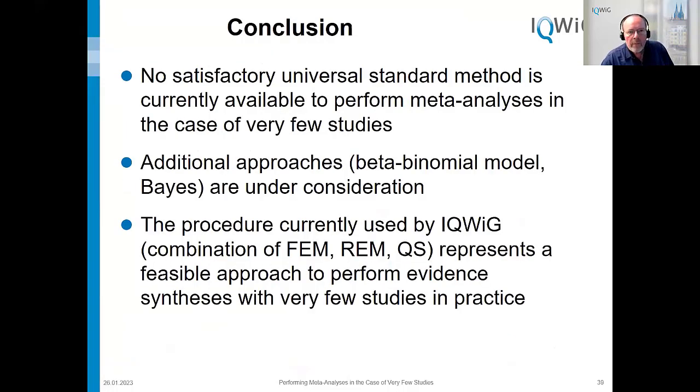So conclusion, we have no satisfactory universal standard method for meta-analysis in the case of very few studies.